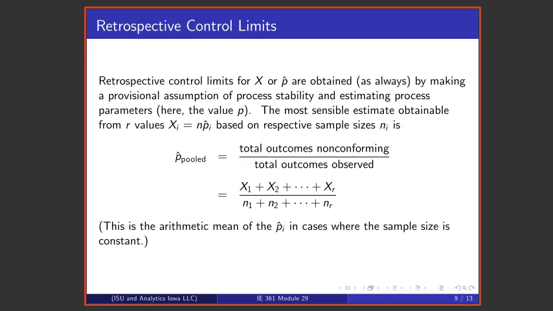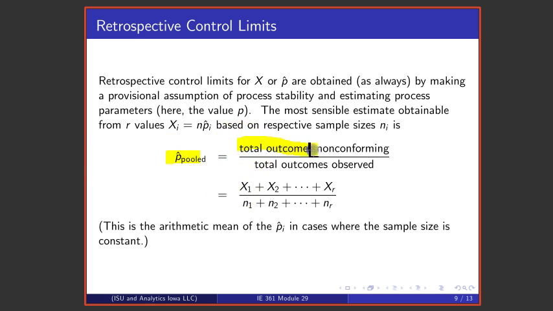Retrospective control limits for x or p hat are obtained by taking the standards given limits and making a provisional assumption of process stability, making an estimate of p, and plugging that into the standards given limits. Here's the typical way to do that.